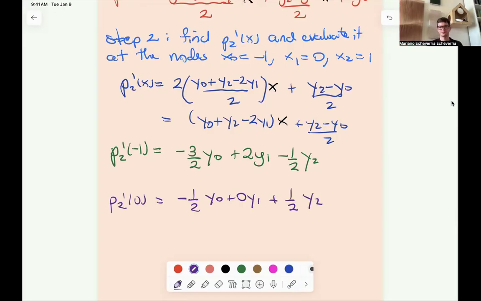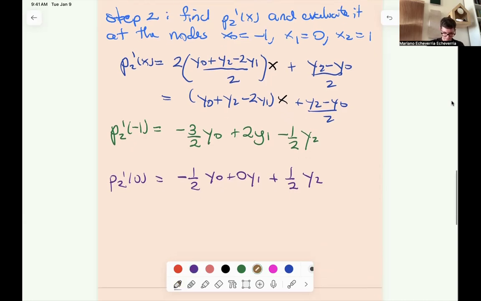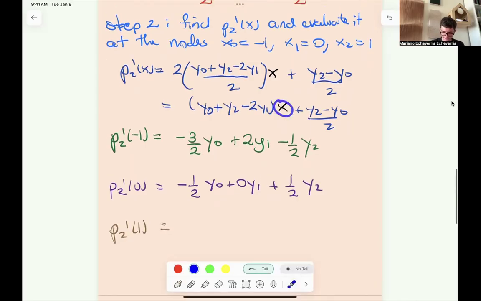And then the last one would be to evaluate at 1. So if you evaluate the second derivative at 1, then you put x equals 1 here. Okay. You put x equals 1 there. So if you have x equals 1, you get y0 minus y0 over 2. That's 1/2 of y0.